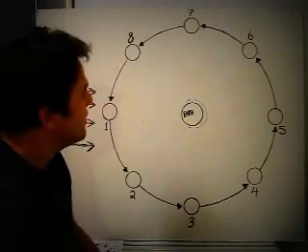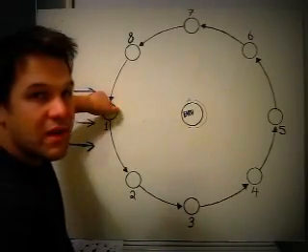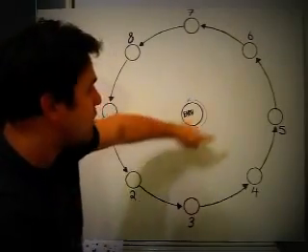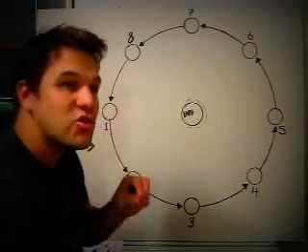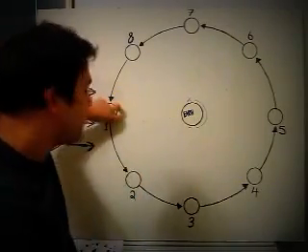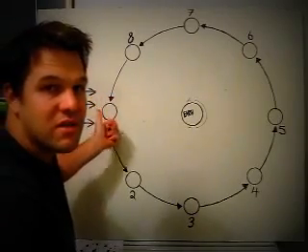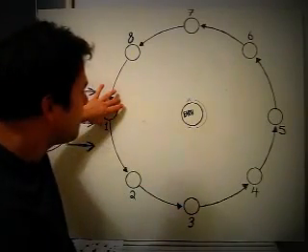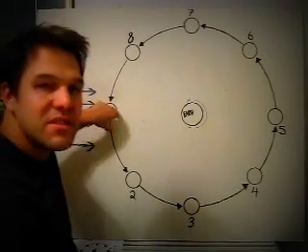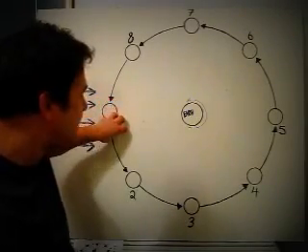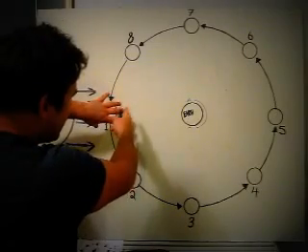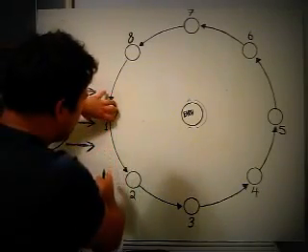Interesting fact, the moon, we said it takes 27.3 days to make one complete revolution. It also takes 27.3 days for the moon to rotate once. And that leads to an interesting fact, and that is that the same side of the moon will always face the Earth. Because think about it. Let's say this finger right here is that side of the moon.